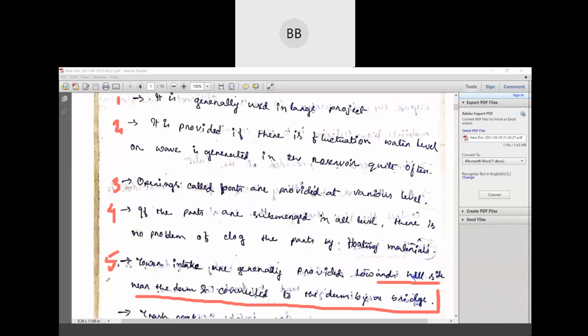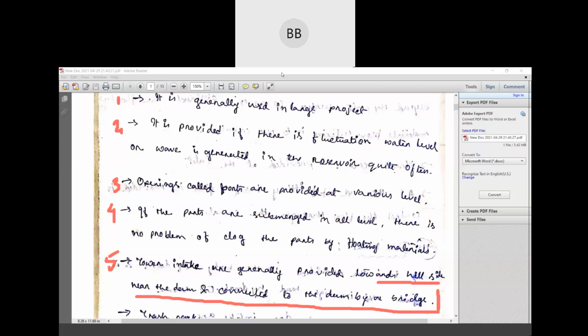Constructing a wet tower intake involves a lot of money. For dry tower intake the structure is a little bit smaller, so it involves less construction cost. Otherwise the function of both tower intakes is the same. We are discussing wet tower intake now, and after that we will discuss dry tower intake.